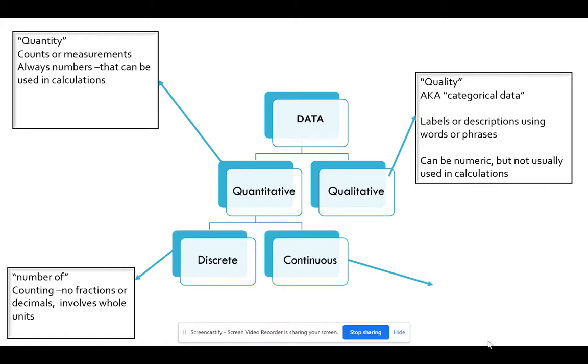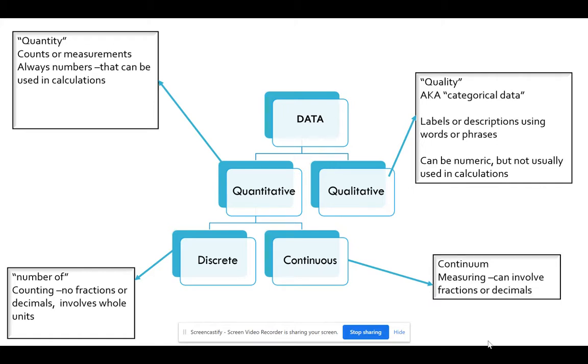And then quantitative continuous, always think about a continuum where you're using some sort of measuring tool, and you can have fractions or decimals. Temperature, for example, can be 98.5 degrees Fahrenheit, which is normal body temperature. A person can be 5'6", so you can be part of an inch.